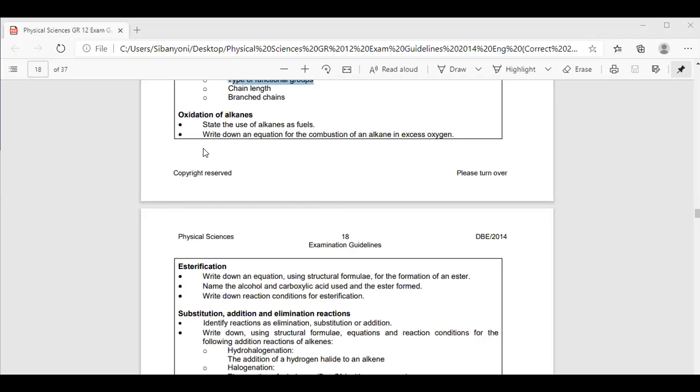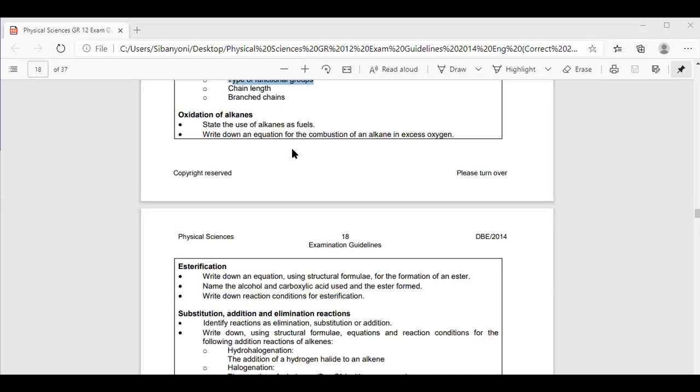And we must also remember, as recall, that alkanes, we use them as fuels. For example, my dear learners, you know that butane is an alkane, and because it is an alkane, we know that it's one of the alkanes that we will get in cigarette lighters.